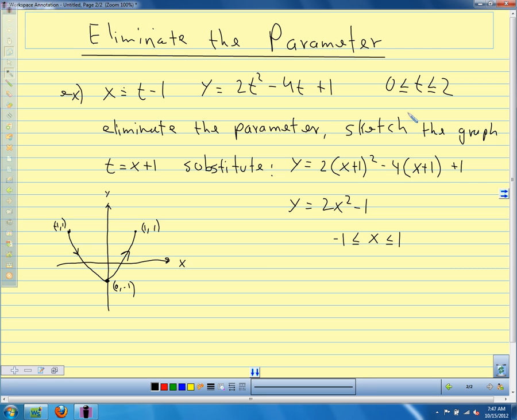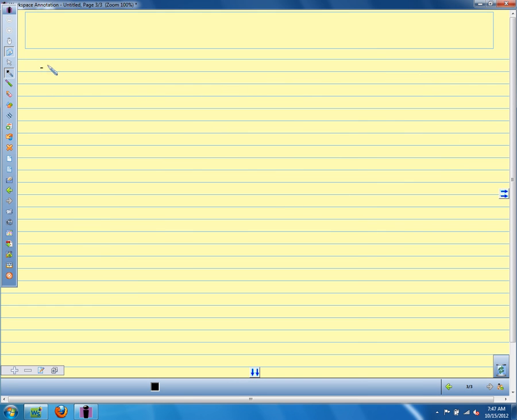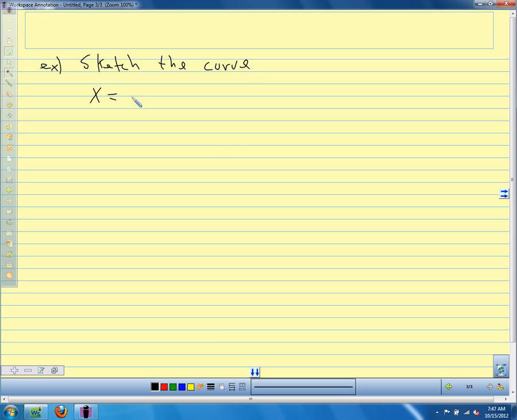All right, let's look at one that's a little more complicated. And these are the kinds of equations where it gets more fun. So we want to sketch the curve. We have parametric equations, x equals 5 sine theta, and y equals 3 cosine theta for 0 less than or equal to theta less than or equal to 2 pi.